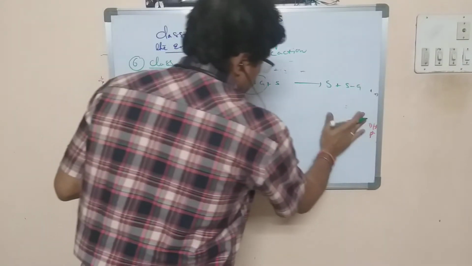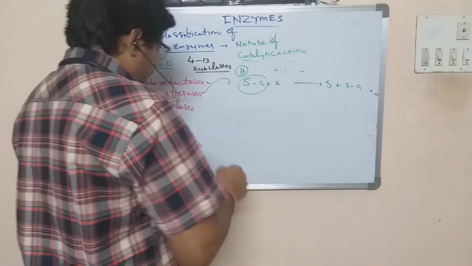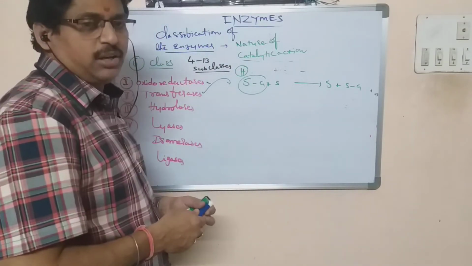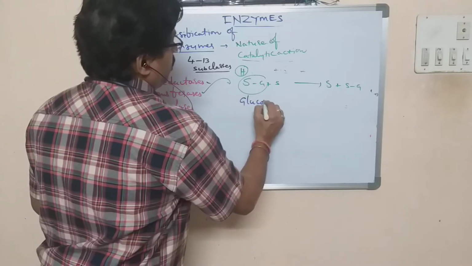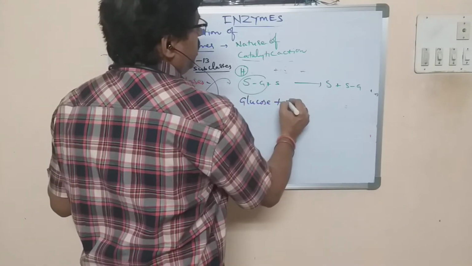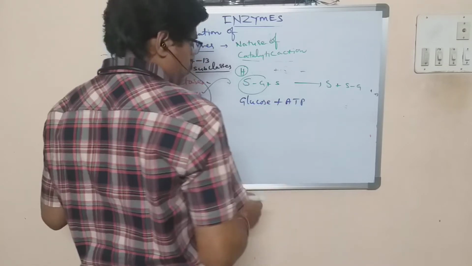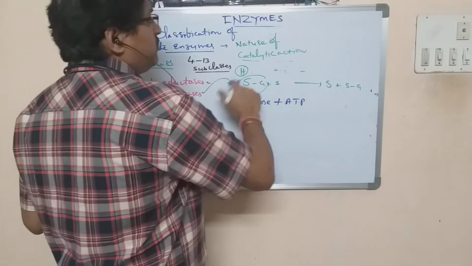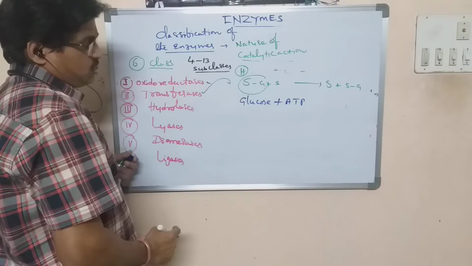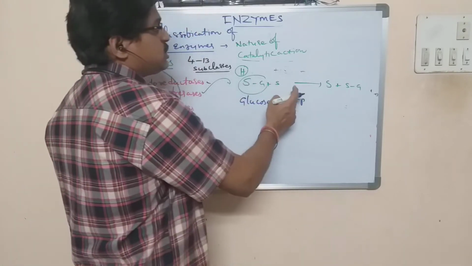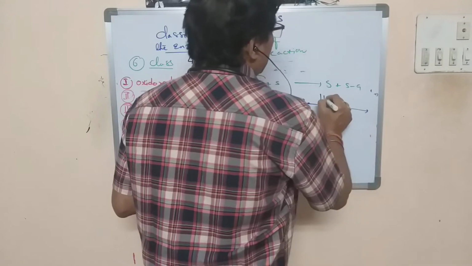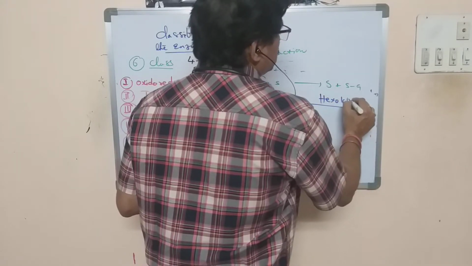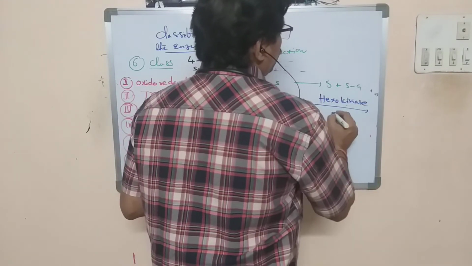This is called transferases. For example, in the glycolysis reaction, take the glucose molecule with ATP, phosphorylation. That means the transfer of the phosphate group. The inorganic phosphate is transferred from ATP in the presence of the enzyme hexokinase.